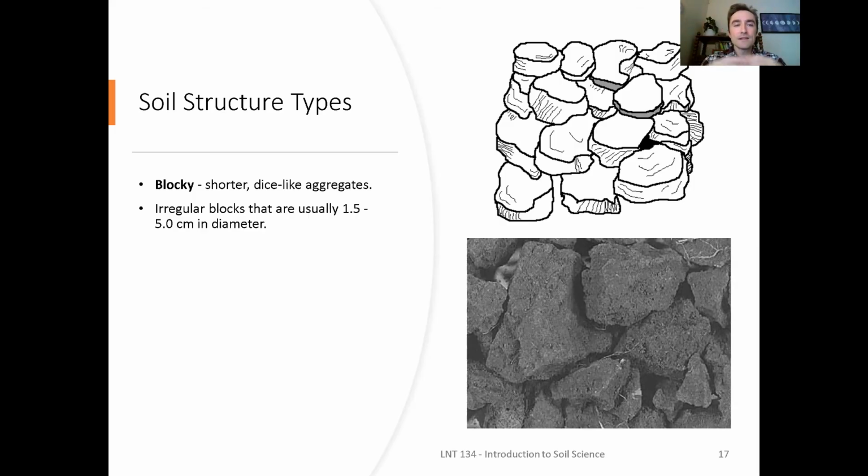And these are larger than the crumb structure or the granular structure, so large that they're outside of really what soil should be, and it kind of starts to look like gravel or like rocks on the surface of the soil. And so this can be a difficult structure to work with.